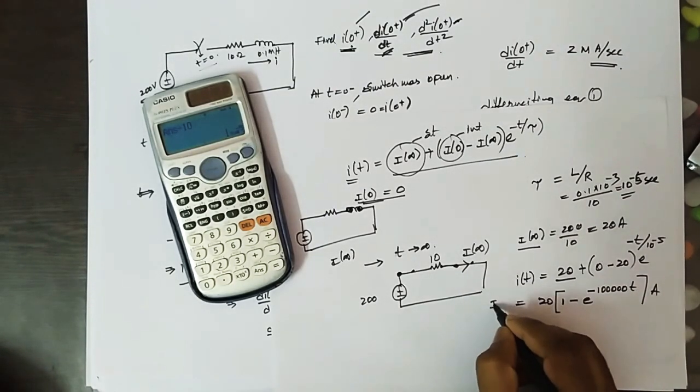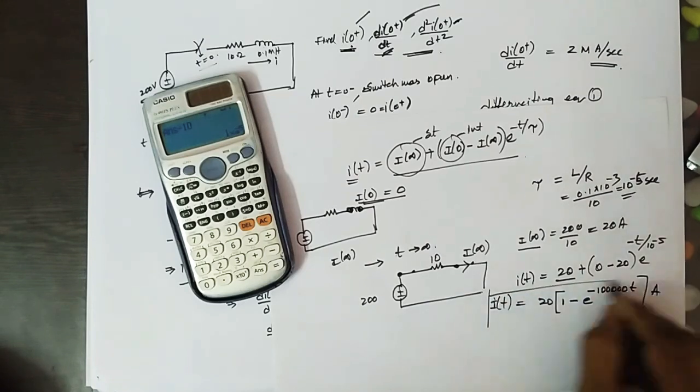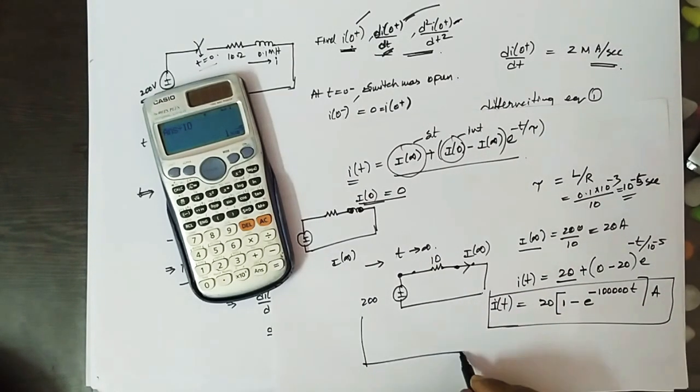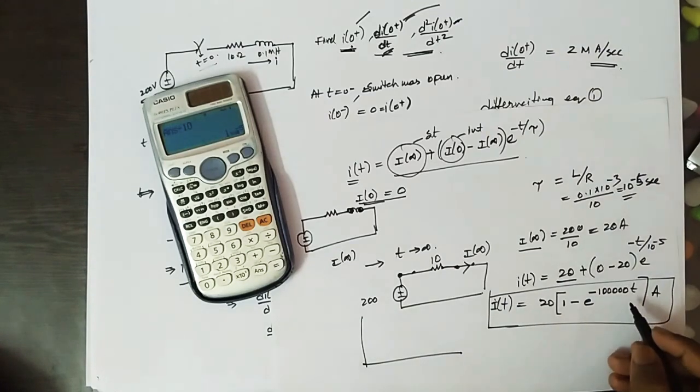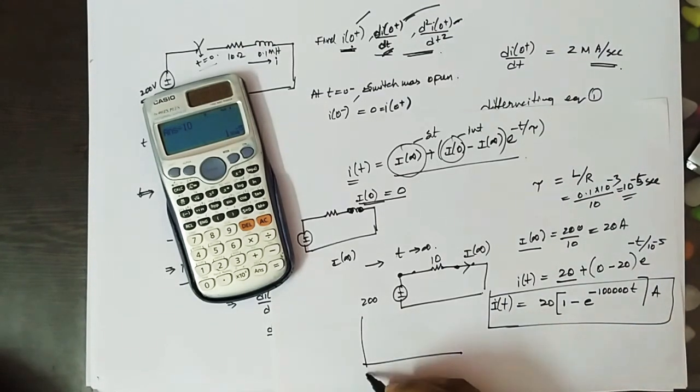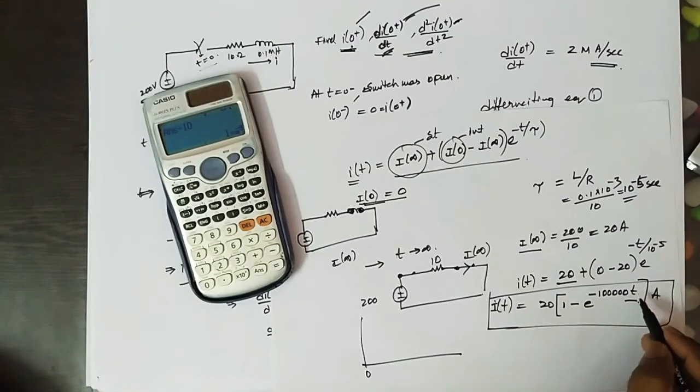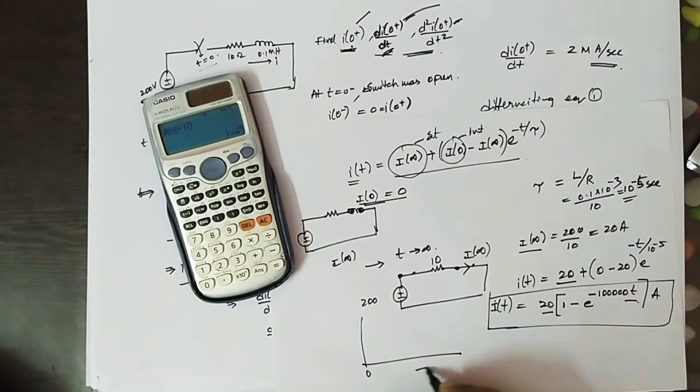So this is the i of t expression. If you want to draw the curve, at t equal to 0 the current is 0. At t equal to infinity this entire exponential term becomes 0, so i of t gets to 20.